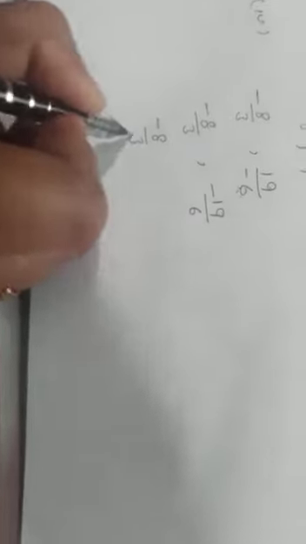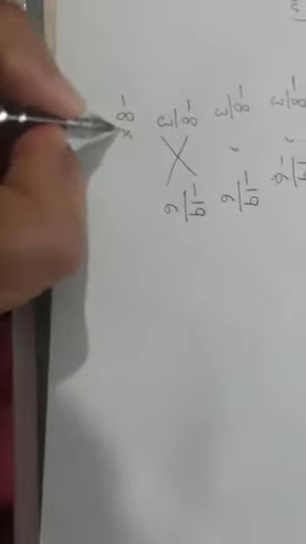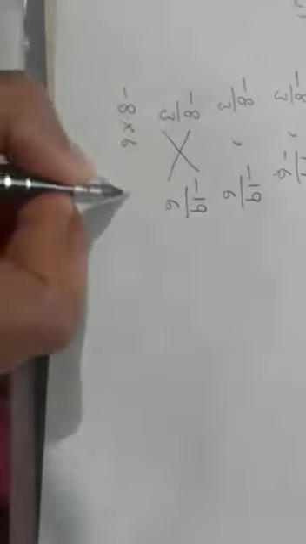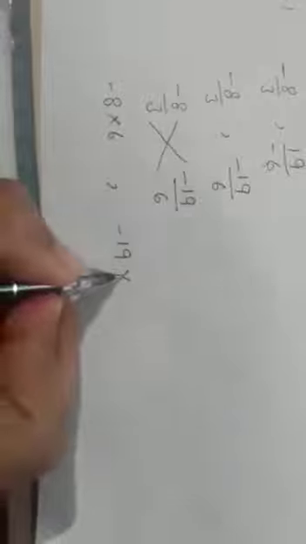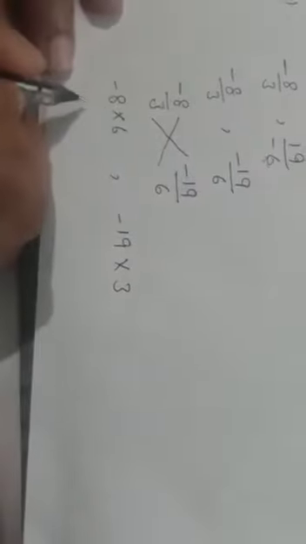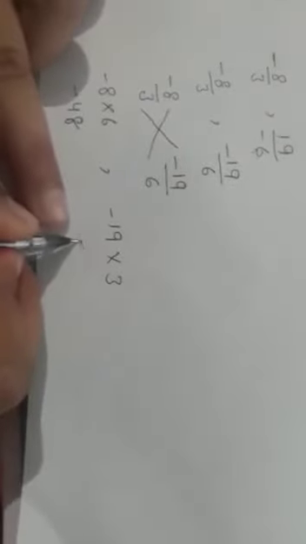How? By cross multiplying. So minus 8 by 3 and minus 19 by 6. Now this is minus 8 multiply 6 comma minus 19 multiply 3. Now what will come? 8 times 6 is 48 and 19 times 3 is 57.